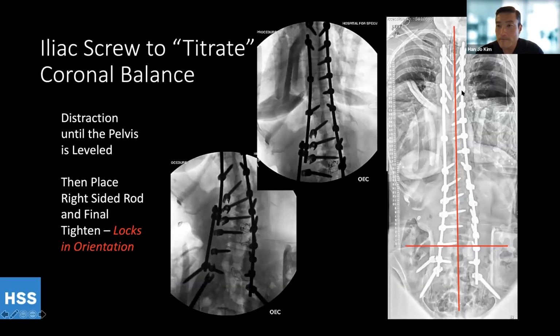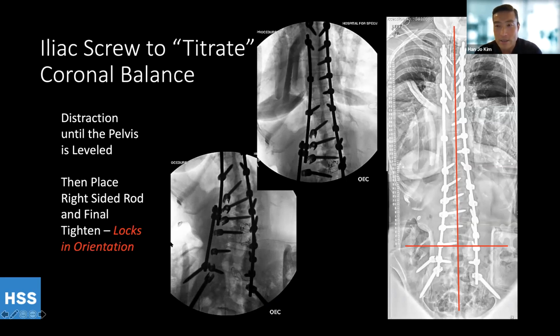So here, basically what we did is I noticed intraoperatively that I took my first x-ray and the balance wasn't perfect. So what I did was I took out my rods on one side, I loosened all the fixation points on the contralateral side. And then I placed the offset iliac screw, and I placed this iliac screw with this construct here to distract on the left to make more distance and to optimize the coronal balance.